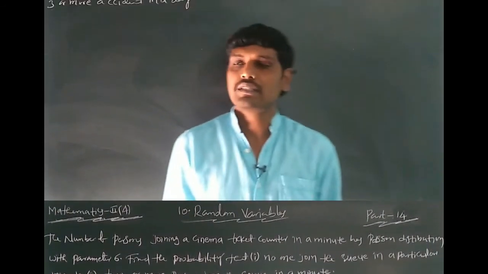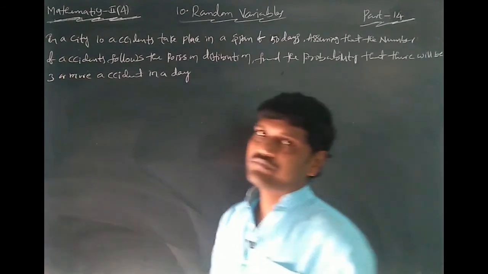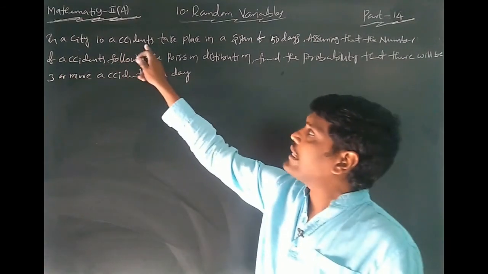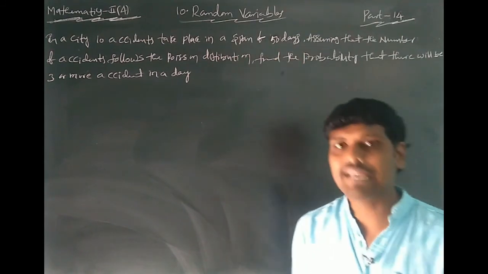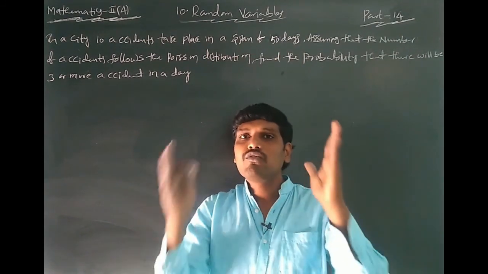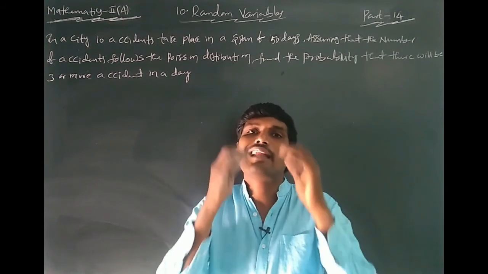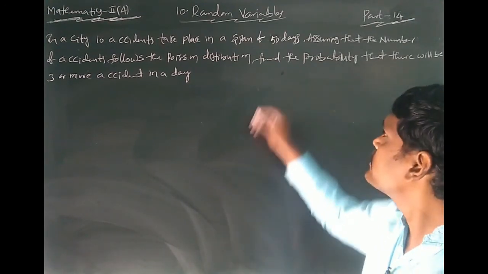Next problem is, in a city, 10 accidents take place in a span of 50 days. In a city, in a 50 days span, 10 accidents occurred.